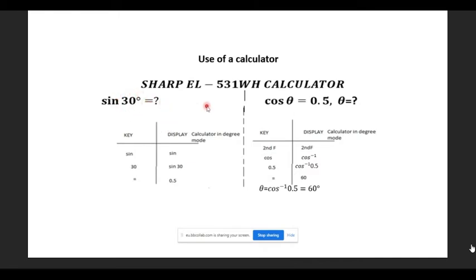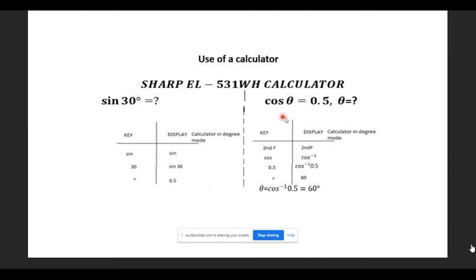If you have a scientific calculator, well, the different scientific calculators differ in the way their functions are modeled. But normally on a calculator, you press sine, because the first thing that you need to do is to make sure that your calculator is in a degree mode, because the question is about sine of 30 degrees. So you press sine, you press 30 and equal to, then it gives you the answer.